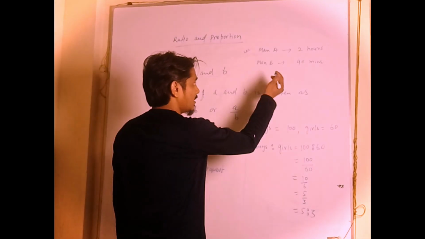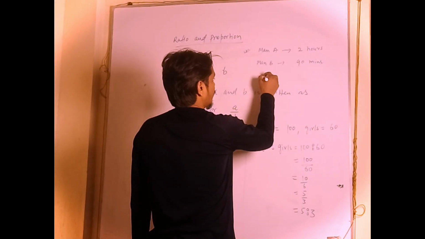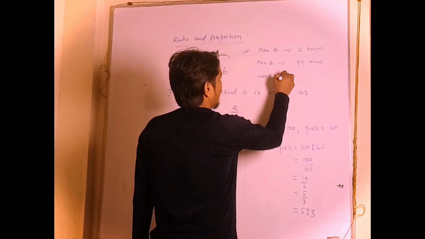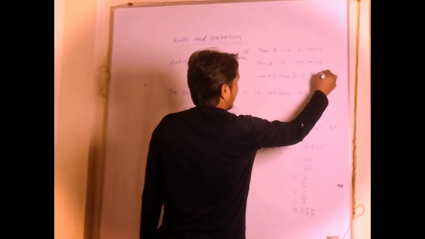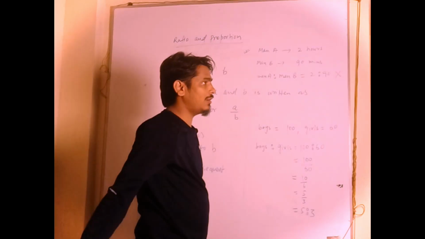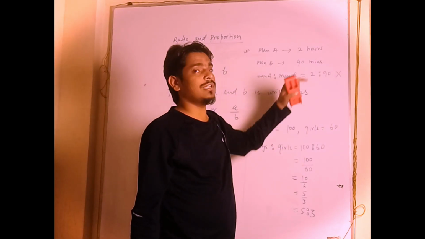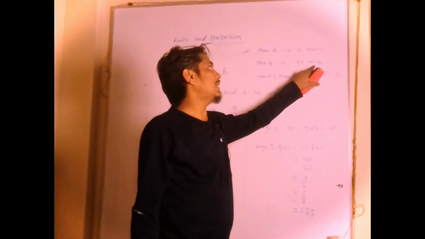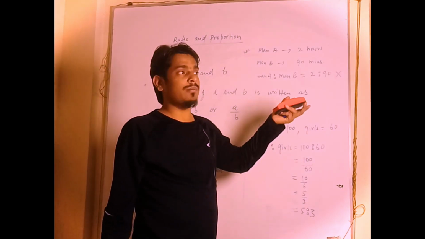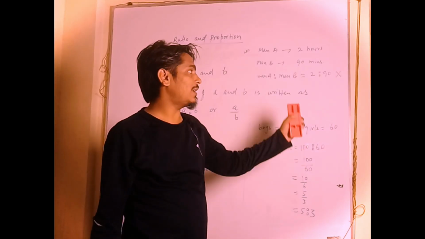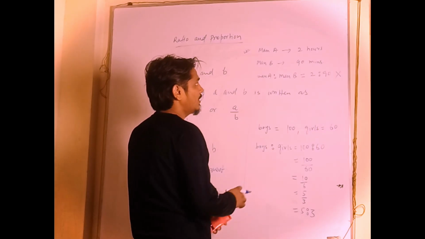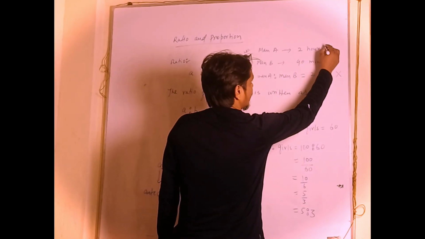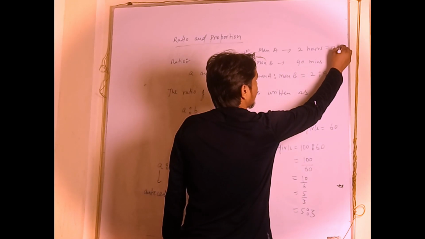If you write man A to man B as 2 to 90, this is not correct, because the 2 is in hours and the 90 is in minutes. These are in different units, so we cannot express them as a ratio. What we can do is, instead of writing 2 hours, write 120 minutes.